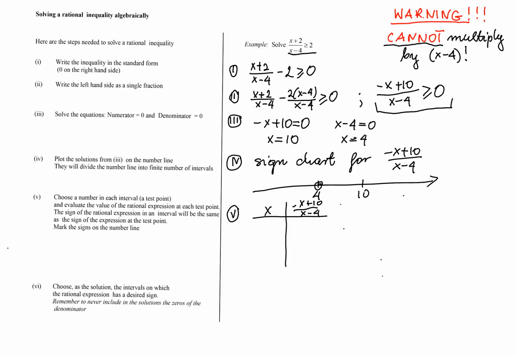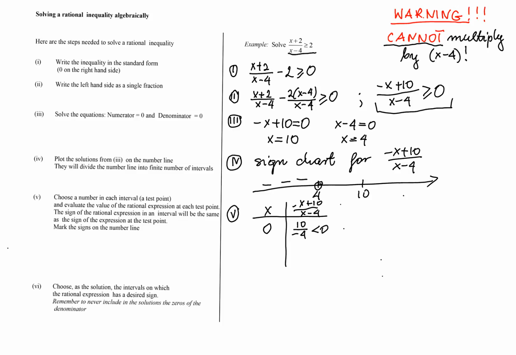That will determine the sign of that expression in each interval. So in the first interval, we can choose, say, 0. If you choose 0, the value is going to be 10 over -4, which is negative, and therefore the whole expression is negative in the interval from minus infinity to 4.